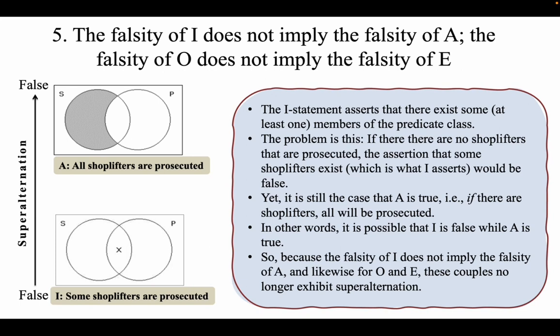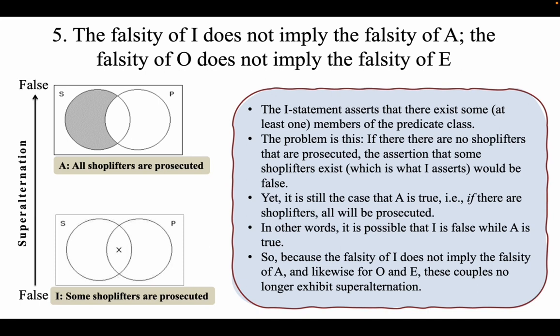So we can have a false I. However, it is still the case that A is true. In other words, if there are shoplifters, all of them will be prosecuted.